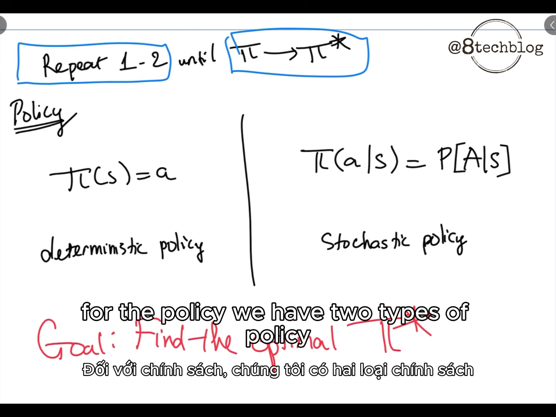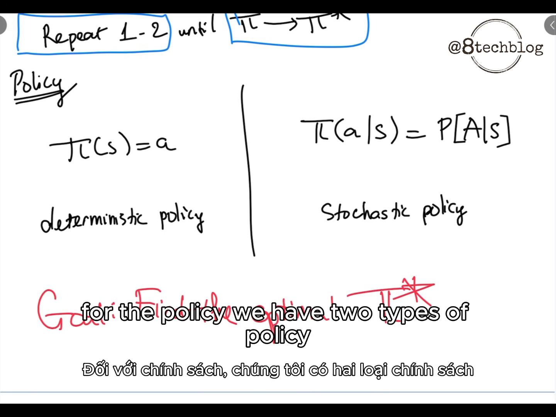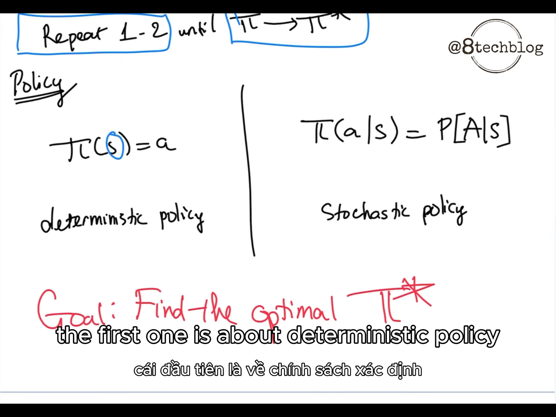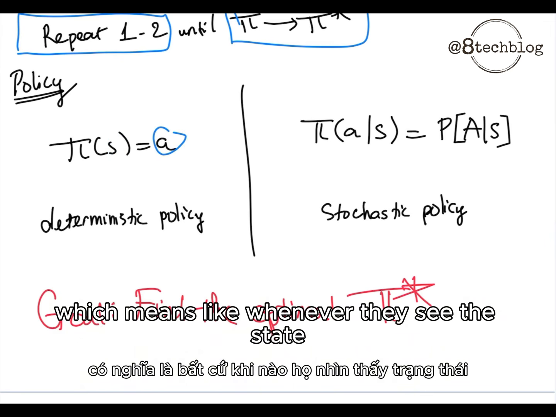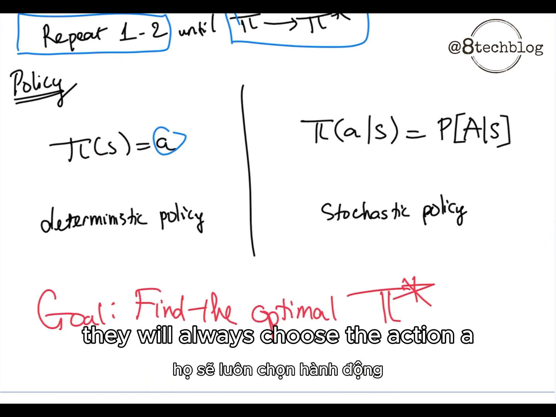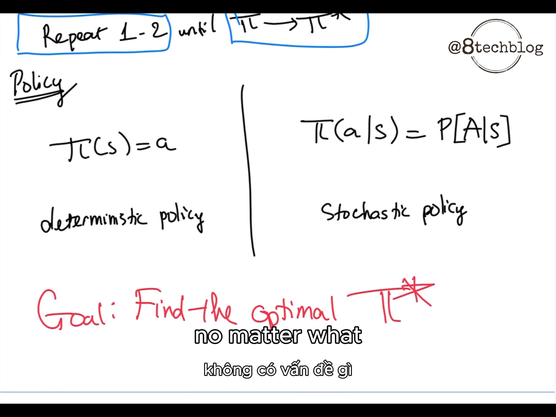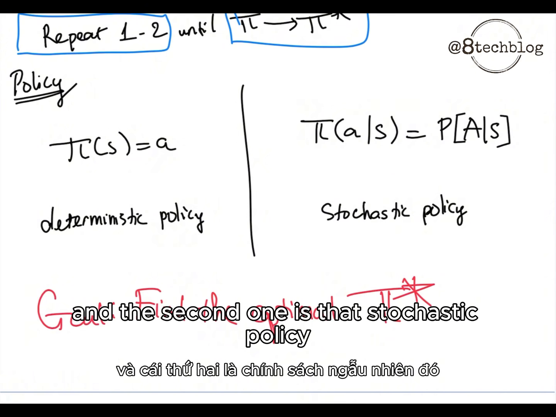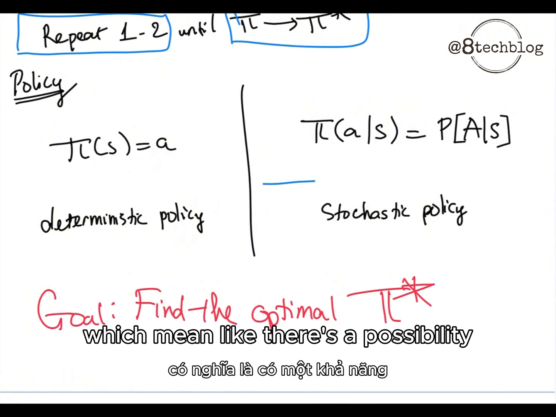For the policy, we have two types. The first one is the deterministic policy, which means whenever it sees the state, it will always choose the action A no matter what. The second one is the stochastic policy, which means there's a probability.